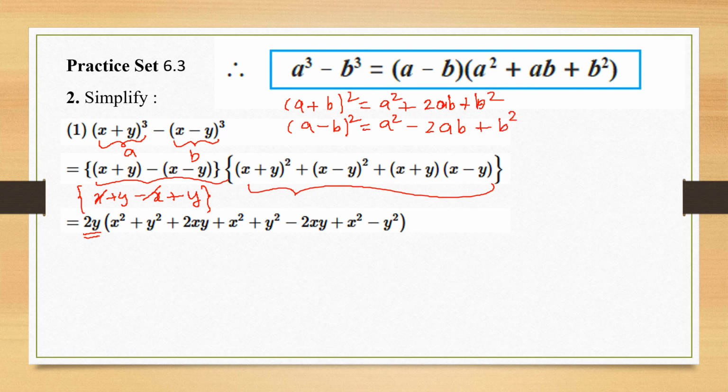So we'll use these two formulas to expand x plus y the whole bracket square and x minus y the whole bracket square. If you look at the first term, x plus y the whole bracket square becomes x square plus y square plus 2xy.